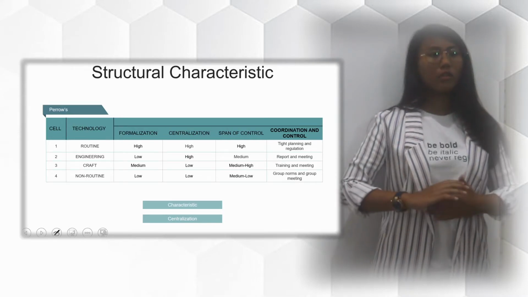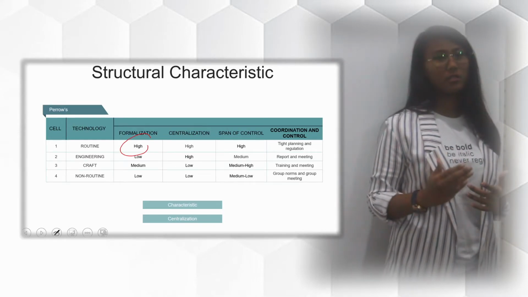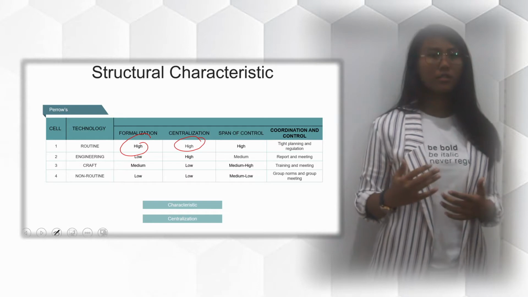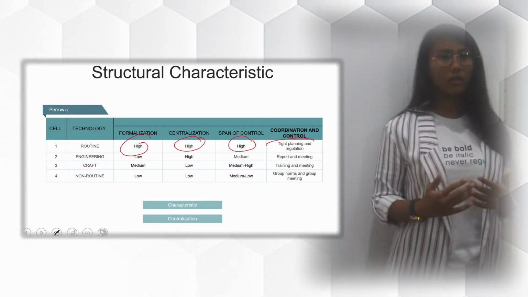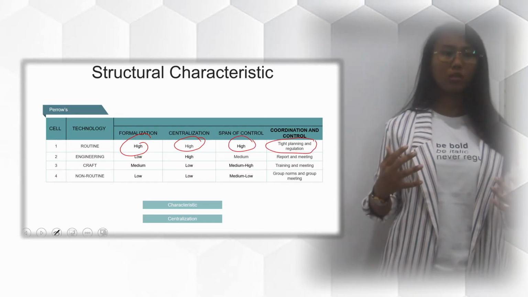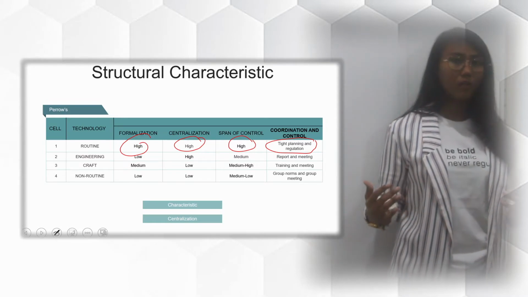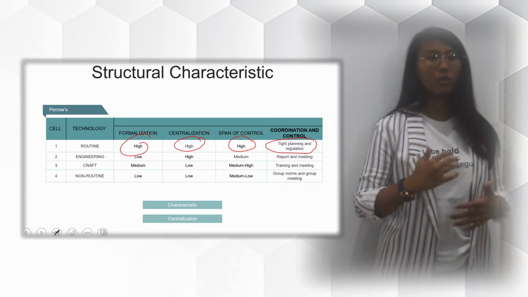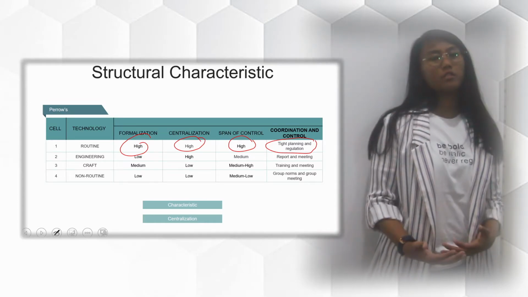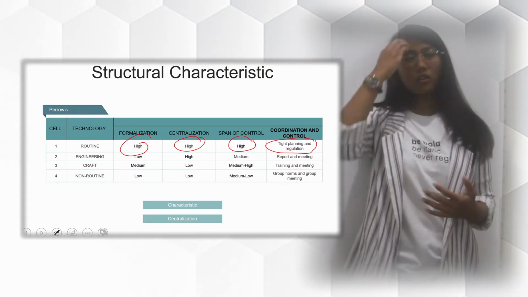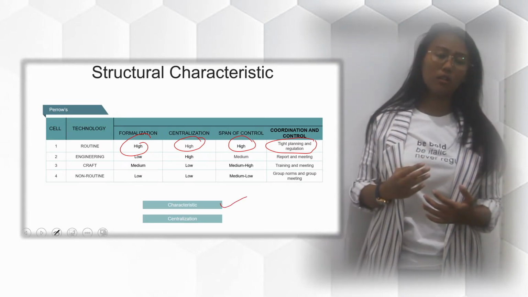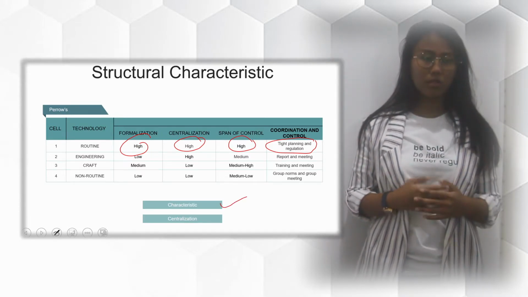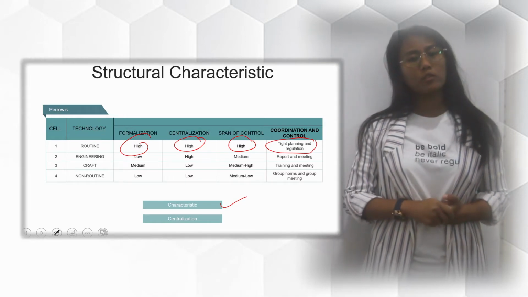Structural characteristics of Perrow's typology. The first one is routine technology. The formalization is high, the centralization is high, the span of control is high, and the coordination and controlling is with tight planning and reporting. You can read the rest in the picture. In an organization, they have a lot of characteristics in every unit of technology.